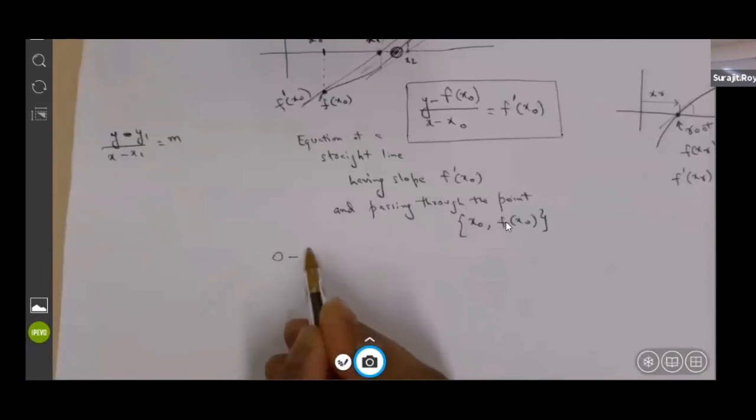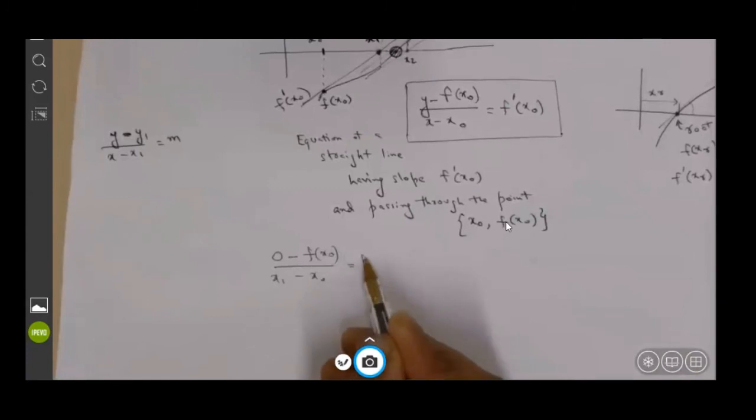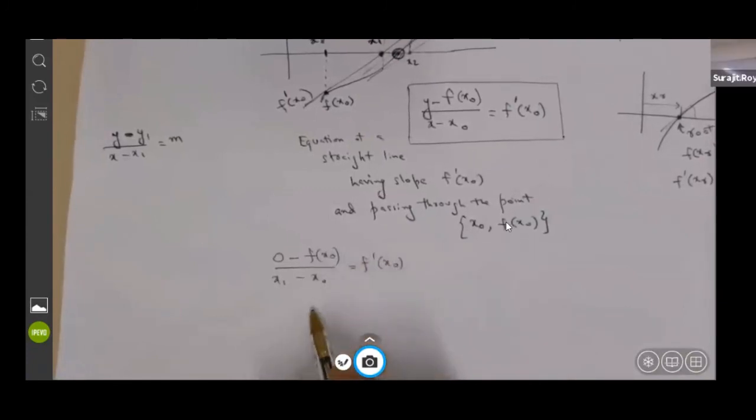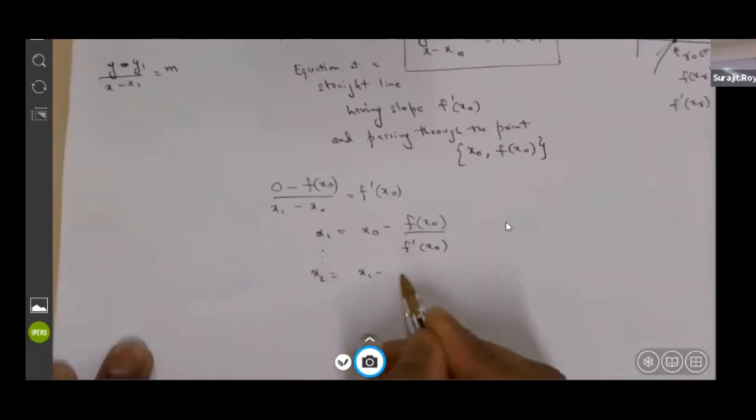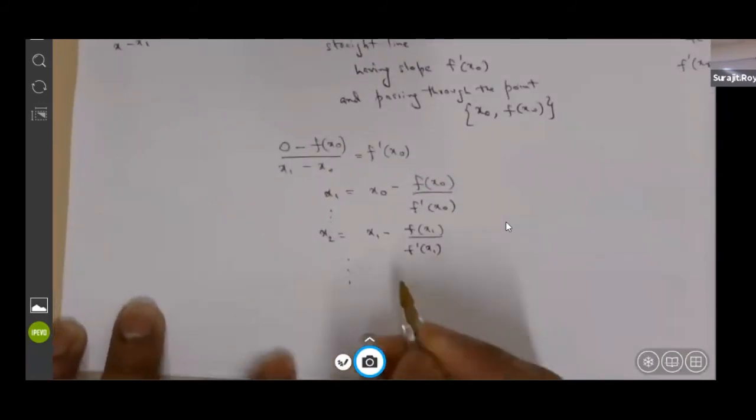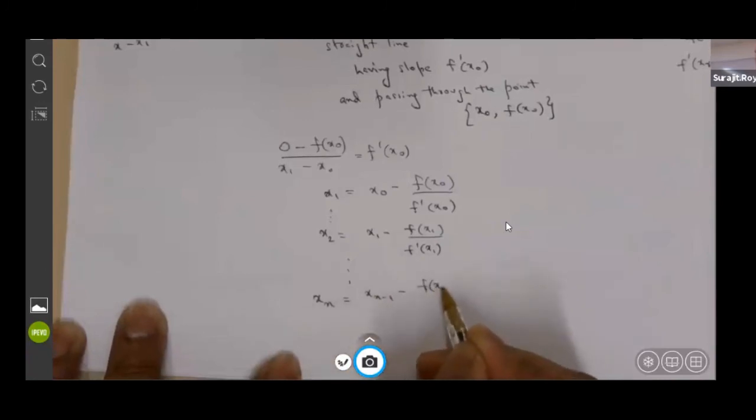So I'm going to do the same thing. I will put y equals 0, x equals x1. And then when I solve it, what I will get is x1 is equal to x naught minus f of x naught divided by f prime of x naught. And you will see that x2 will be x1 minus f of x1 divided by f prime of x1, and so on and so forth, or xn is equal to xn minus 1 minus f of xn minus 1 divided by f prime of xn minus 1.